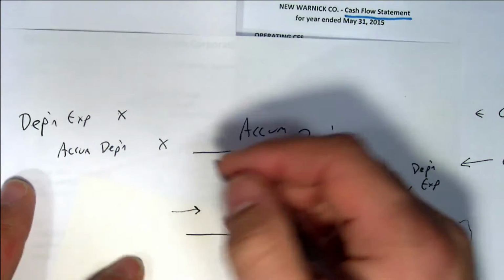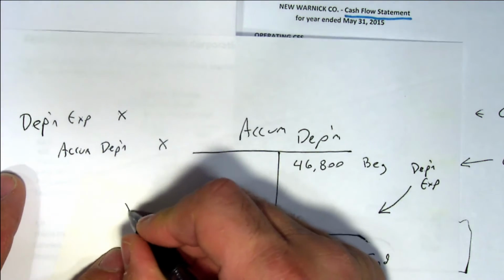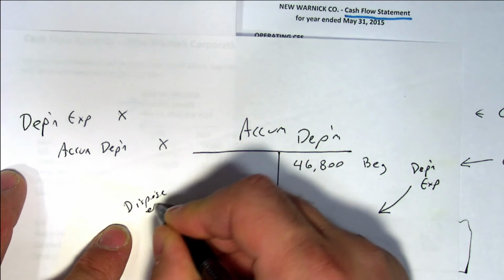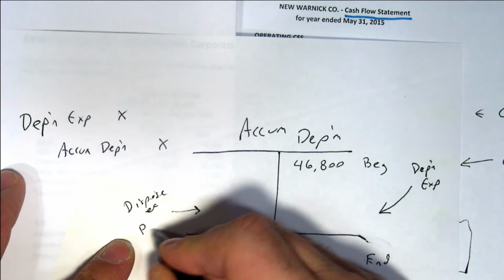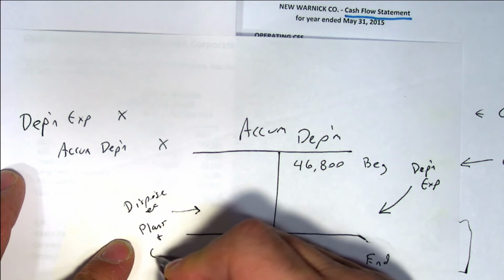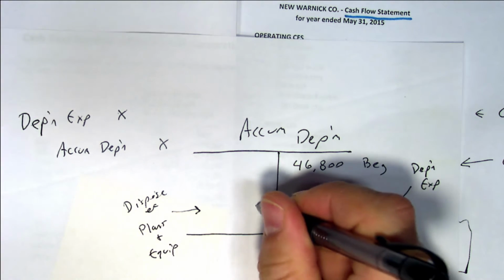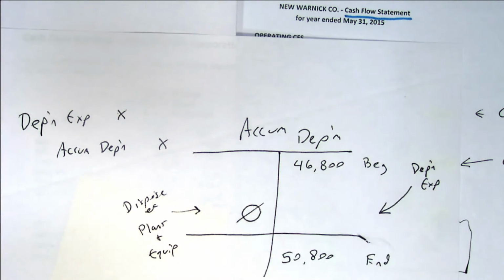So, accumulated depreciation is debited when we dispose of plant and equipment. But did we dispose of any plant and equipment this period? No, we did not. We just talked about that. So they are telling us that this is 0.